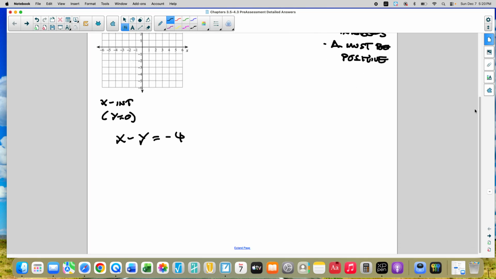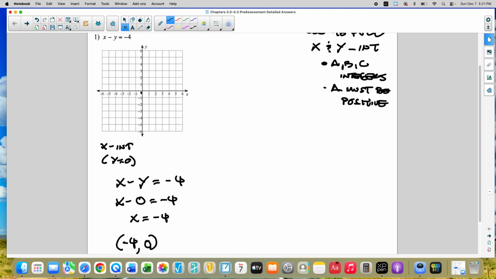Make sure that that's the correct equation. We're going to plug in 0 for y, and we get x equals -4. When y was 0, x was -4, and that is an x-intercept. So we go to -4 on the x-axis, 0 on the y-axis.